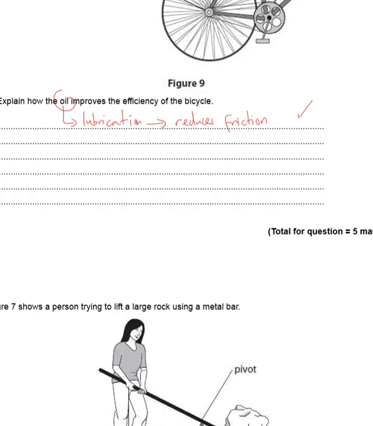Since it reduces friction, it means that we have more useful energy available, and then it means that we have less waste energy. Okay, so this is the second point.